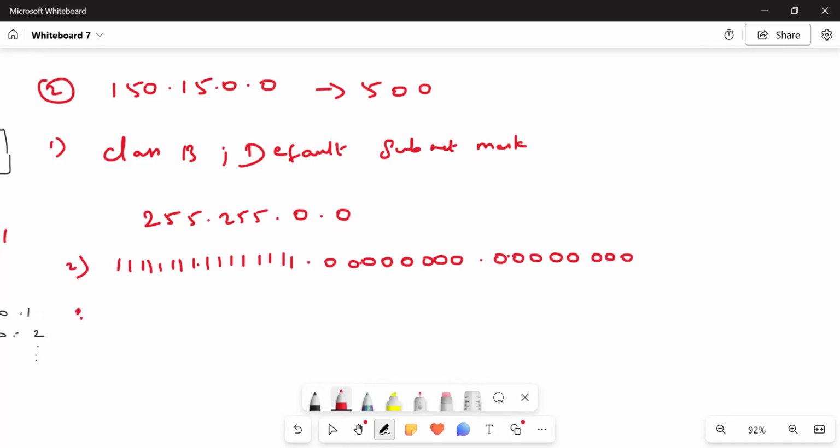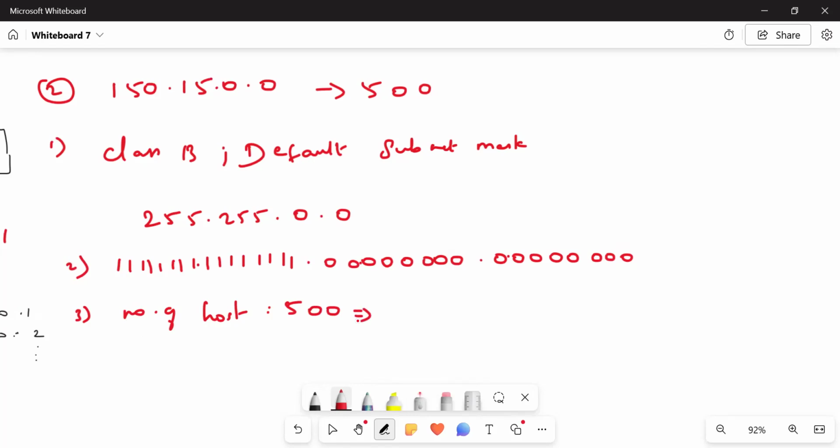What is it? 500, it is given. Number of hosts required is 500. Now we need to convert this 500 into binary format.